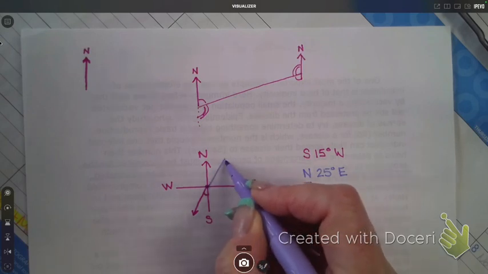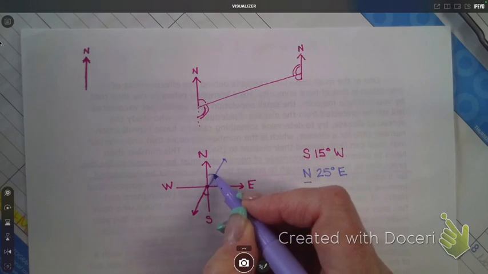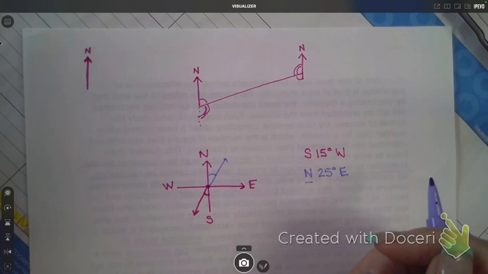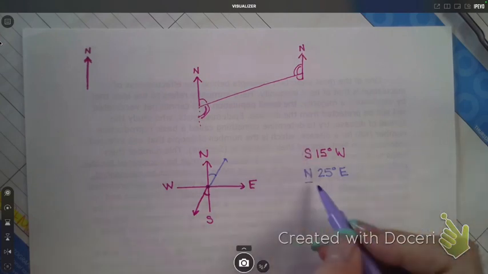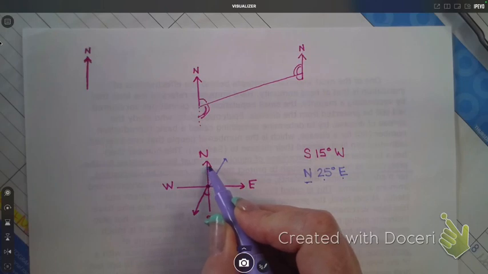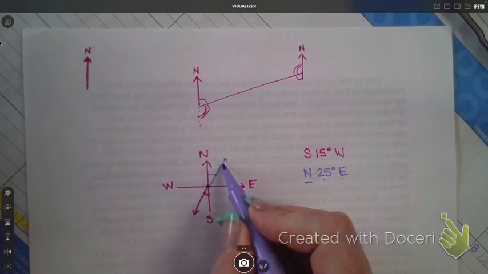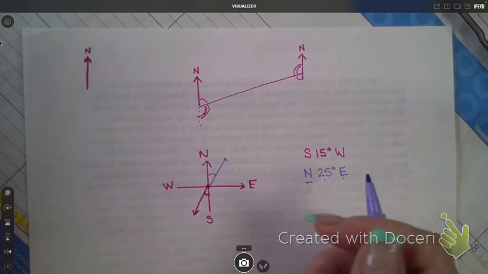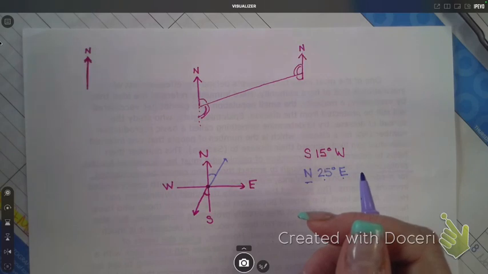Does everyone understand how that works? Do that again. Okay, so north, 25 degrees east. You always do your north-south first, and then your left-right. Got it? Okay.